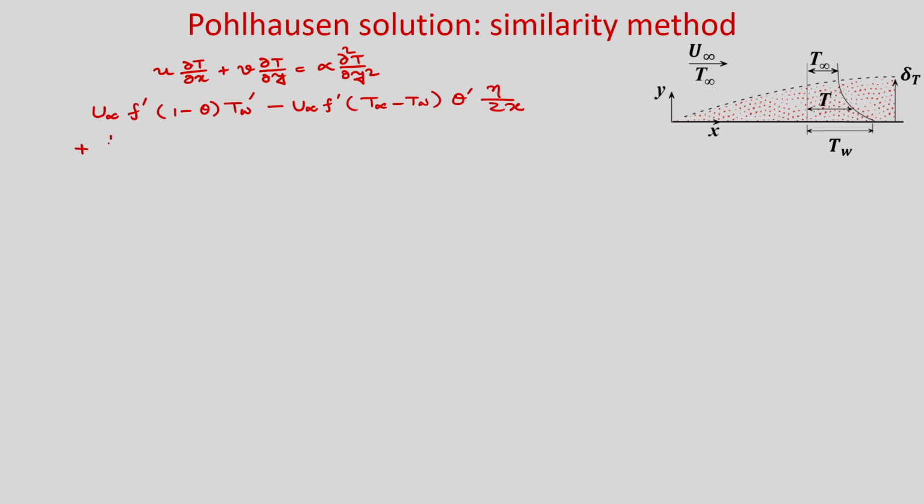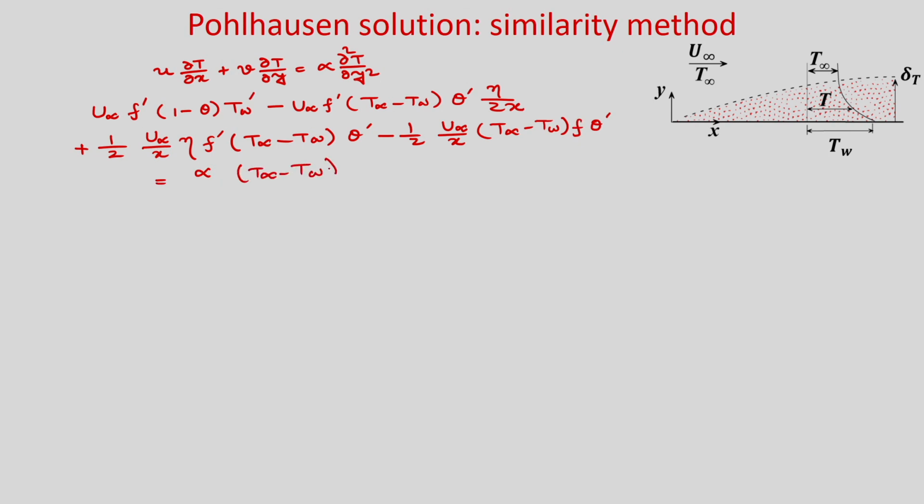So, if you write it, half u infinity by x eta f prime (T infinity minus T w) theta prime minus half u infinity by x (T infinity minus T w) f theta prime is equal to alpha into (T infinity minus T w) u infinity by nu x theta double prime. Okay. So, now you rearrange this equation.